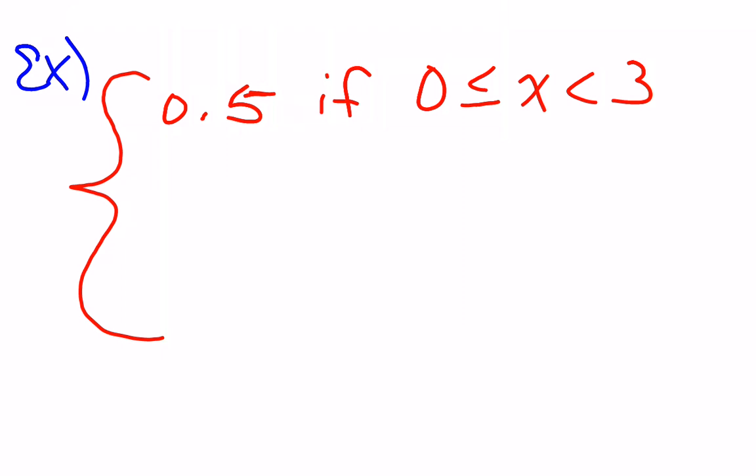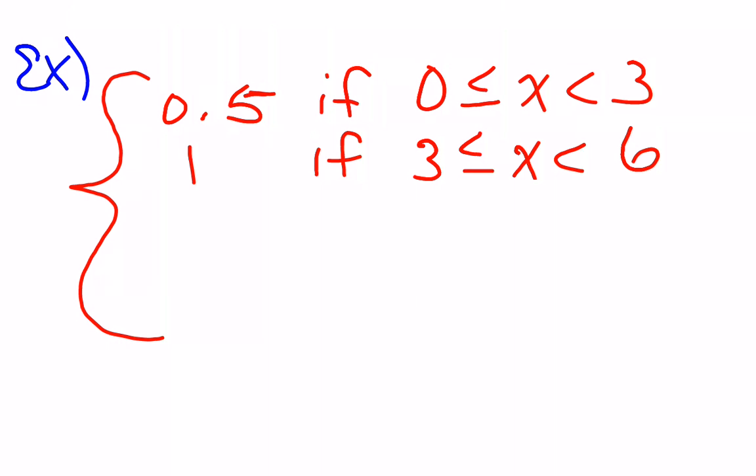And the reason why we don't put an equal sign at the 3 is because of the next step, because it says that somebody who has worked for the company at least 3 years, but less than 6, so almost 6, gets $1. So they get $1 if they have worked with the company at least 3 years, but less than 6, so not quite 6.